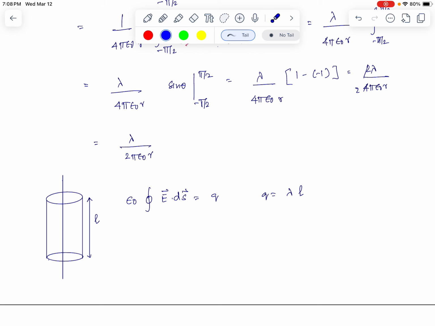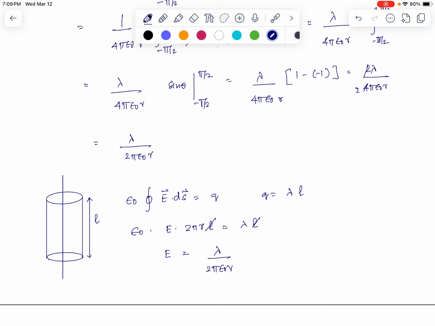So this surface integral essentially becomes epsilon 0 times E times the surface area of the curved surface, 2 pi r times L, equals lambda times L. So the L's cancel out, and we get E equals lambda divided by 2 pi epsilon 0 r.